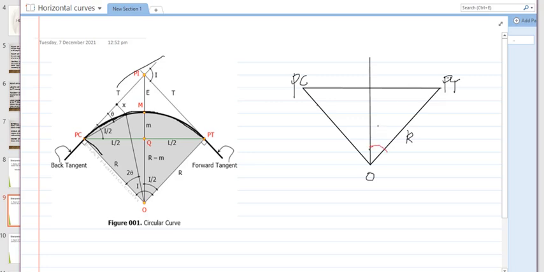Okay. This is the degree of curvature, DC over 2.